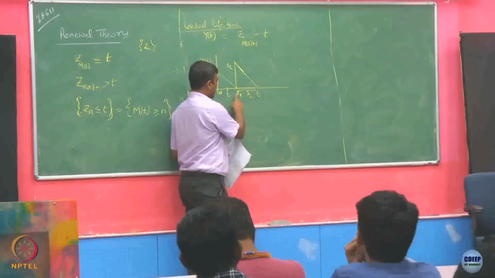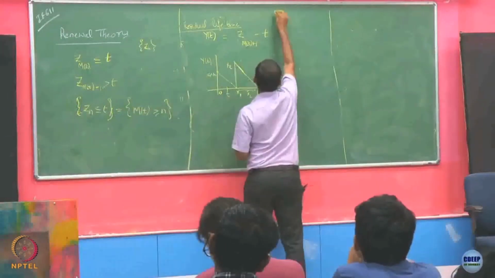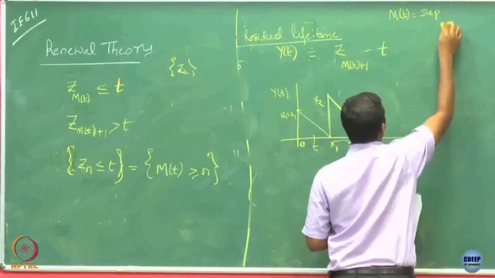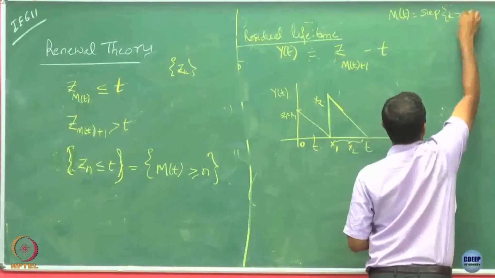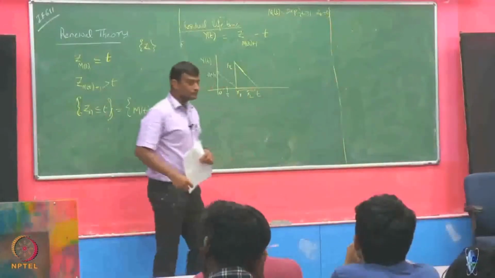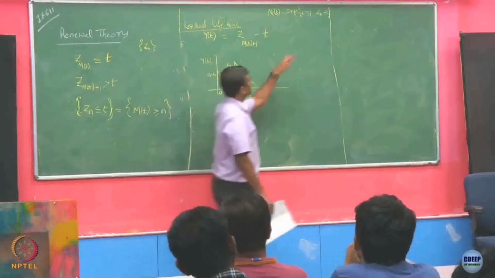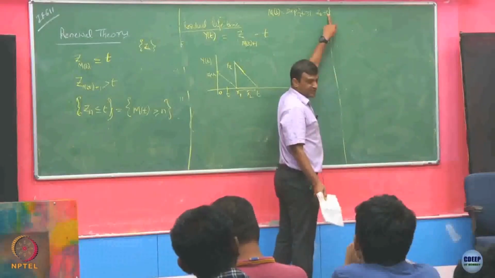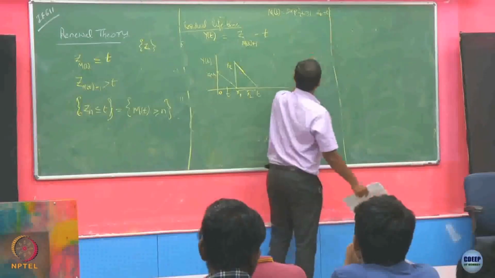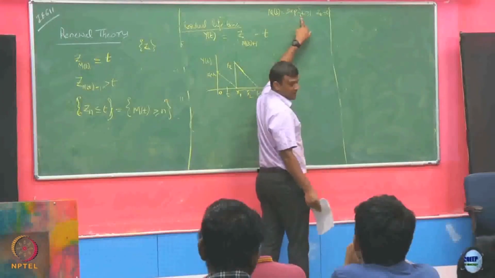When t equals X1, it is better to write this function. So let us take t equals X1, where X1 is basically Z1. So Z1 is definitely less than or equal to Z1, so that is included, and M(t) becomes 1 at this point.